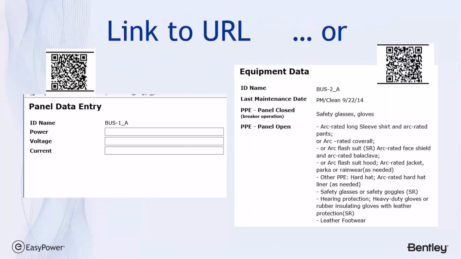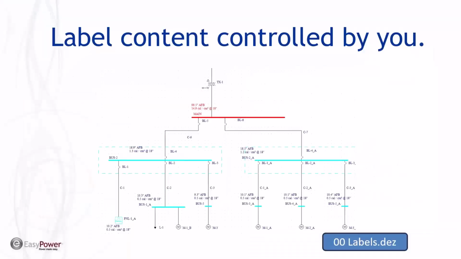There's also a feature that lets you put a QR code, which can be utilized to disseminate information to someone standing in front of the panel, that could range anywhere from safety procedures to the user's manual for the equipment to updated power outage notices on a campus situation. So the point is you have a fixed label, but the information available through the label can be changed literally every day if necessary. So the bottom line is labels are controlled by you.